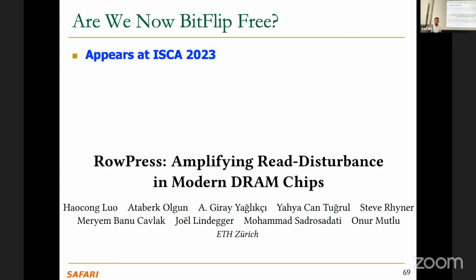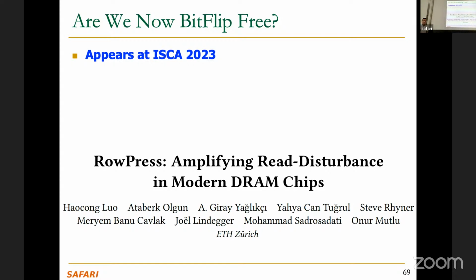After we did that initial RowHammer study, later on last year, actually, we figured out that it's not only by accessing DRAM rows simultaneously that we can induce bit flips. If you, for example, just keep a DRAM row open for enough time, we can also experience bit flips on nearby rows, in this phenomenon that we are calling RowPress.